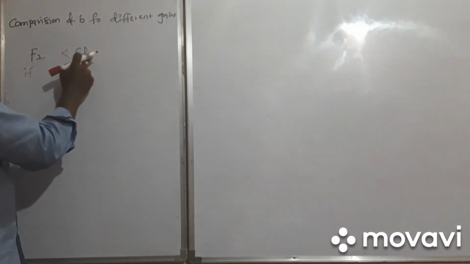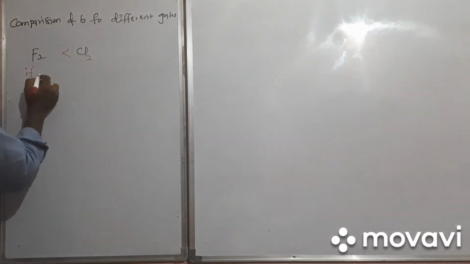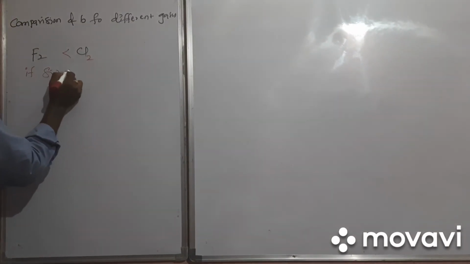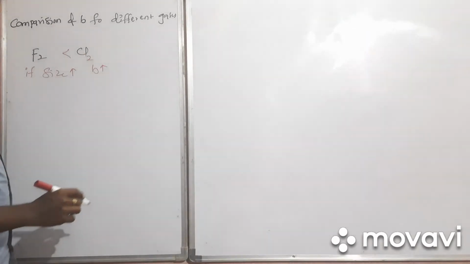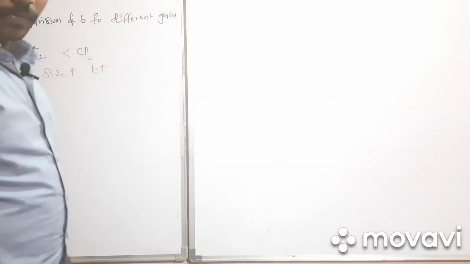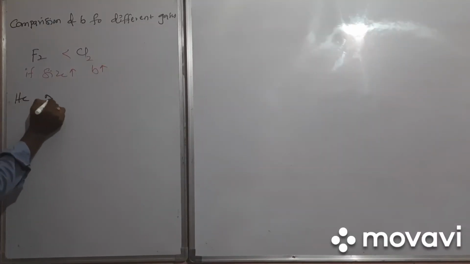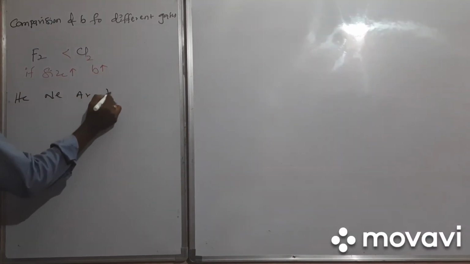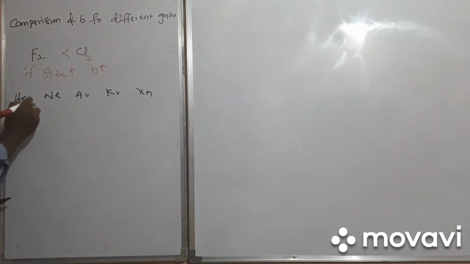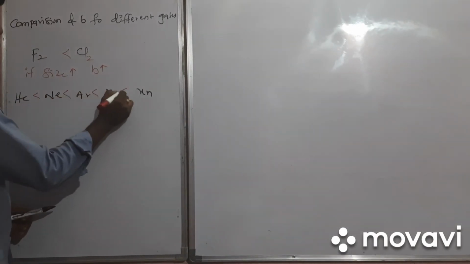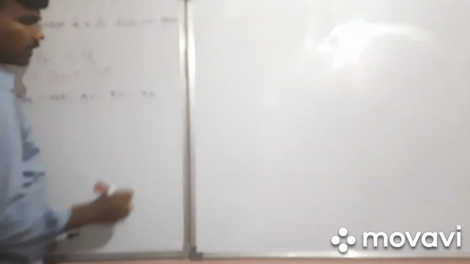Fluorine size is very small and chlorine size is more, so chlorine has the larger B value. Similarly for helium, neon, argon, krypton and xenon, B value increases as size increases.